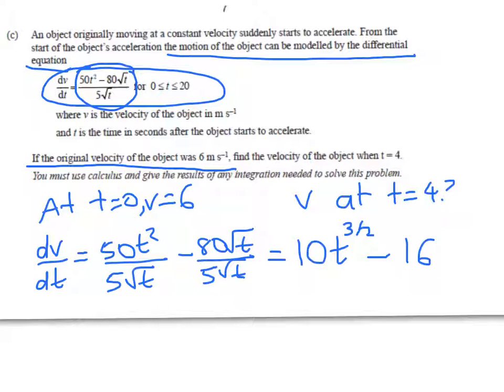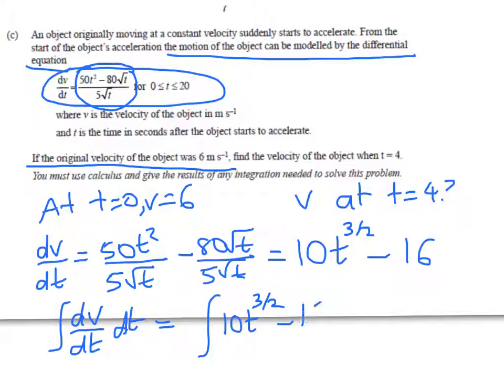Now to find velocity, we are going to anti-differentiate. I'm going to anti-differentiate 10t to the 3 over 2 minus 16 with respect to t. I'm going to go on to a new slide. Okay, so we had this.